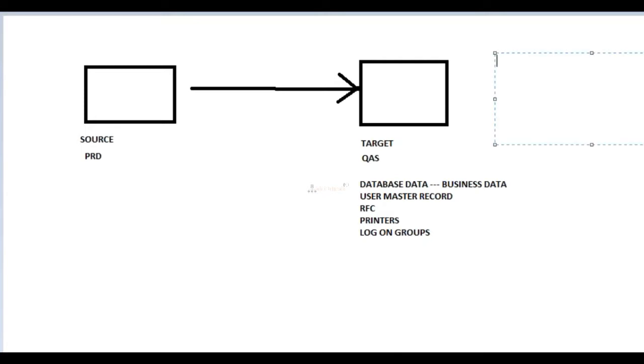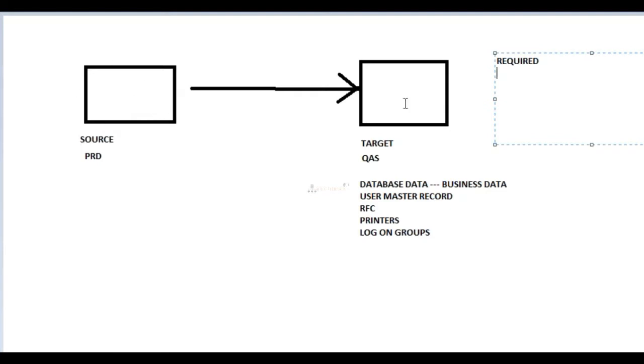After system refresh, in quality system, what do I require? Before system refresh, how many users are there? Those users I require after system refresh, correct? If production users are copied from production to quality, then what is the use?